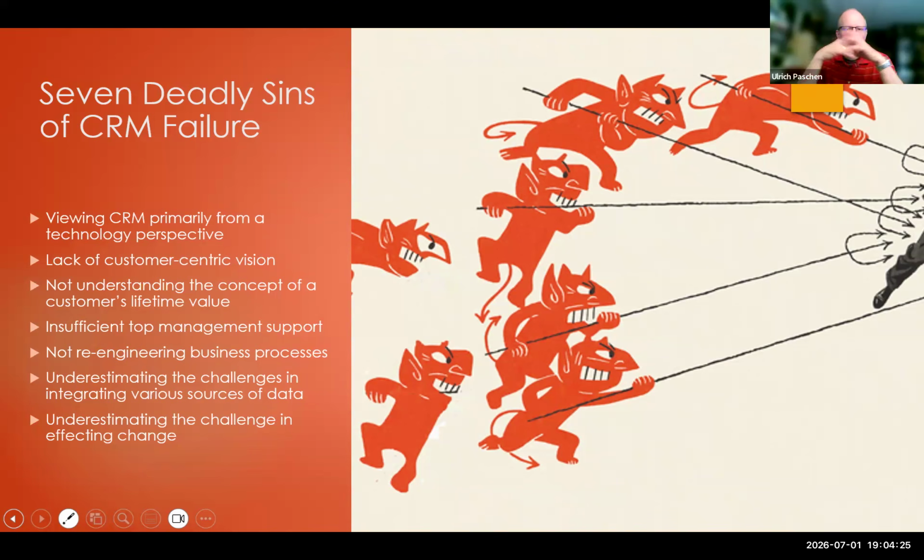And when we look at all the inputs that a good customer relationship management system requires, we need to know what a customer has ordered, what they have received. Did they receive only complete shipments? Were there any warranty issues?